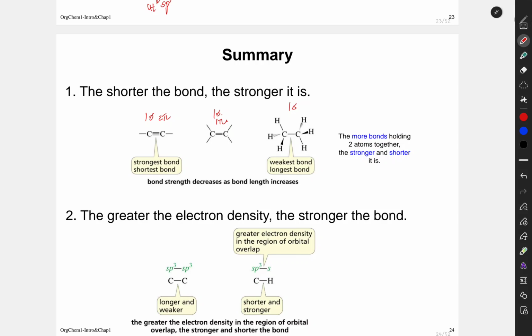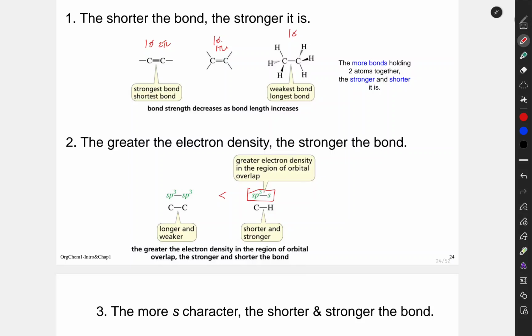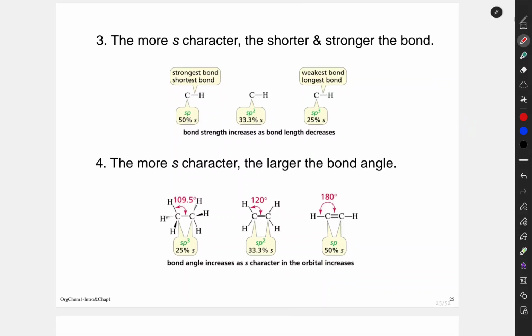That means the overlapping area has more electron density, which makes the corresponding bond stronger. Same thing, more s character, shorter and stronger the bond. That's how you can characterize the bond between carbon and hydrogen, and each carbon has a different degree of hybridization.